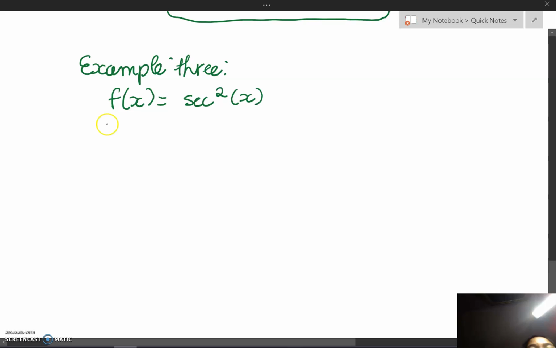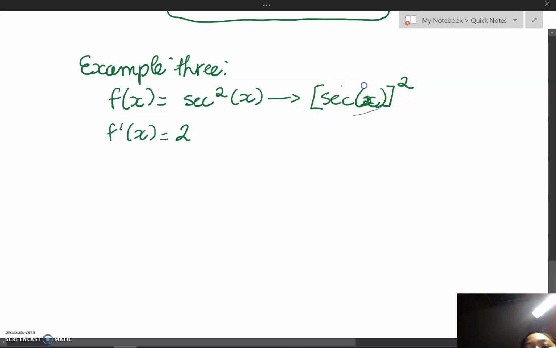So for the derivative of this, f prime of x, you can apply the power rule first. So f of x equal to secant squared is the same thing as saying it's equal to secant of x, the quantity squared. So you apply the power rule first, bring down the 2.